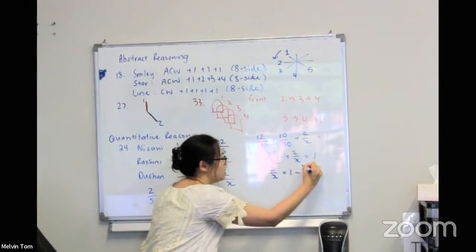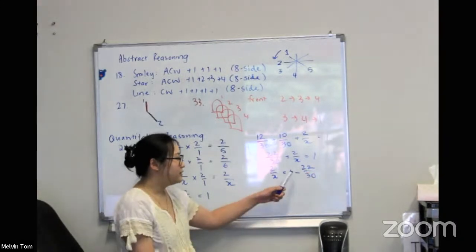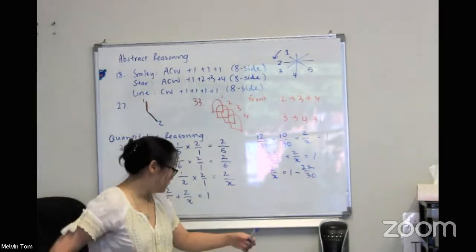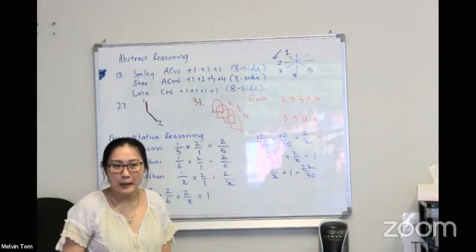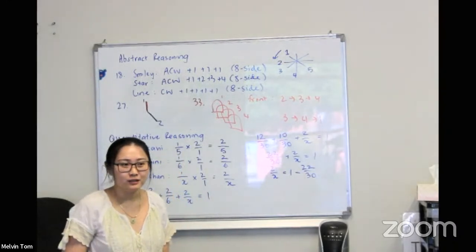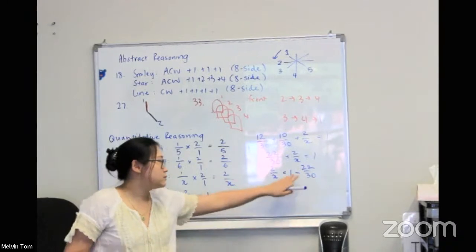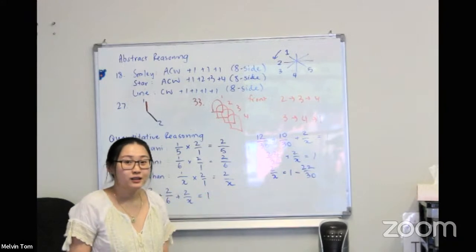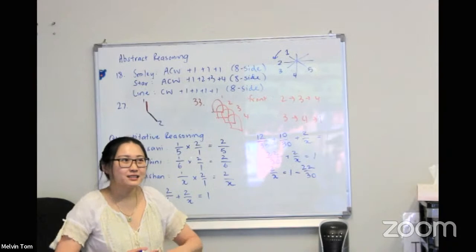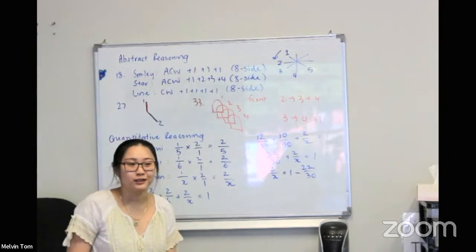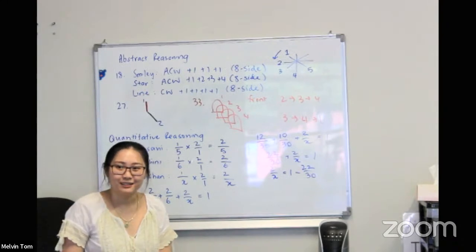1 take away 22 over 30. So any whole number, you can change to a fraction. How do we do that? Over 1. So we can do 1 over 1, but that doesn't really help us right now, because we want to subtract it with 30. What's 50 over 50? 100 over 100. 1,000 over 1,000.